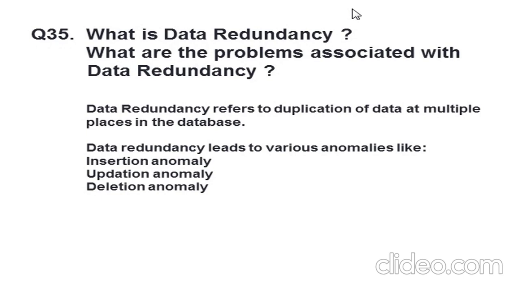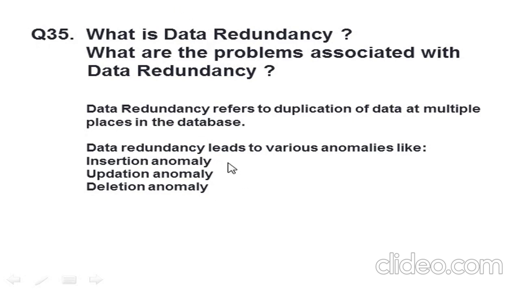And if data redundancy is there in your database, then what are the problems you are likely to face? The problems that will arise due to this data redundancy are insertion problems, updation problems, and deletion problems.